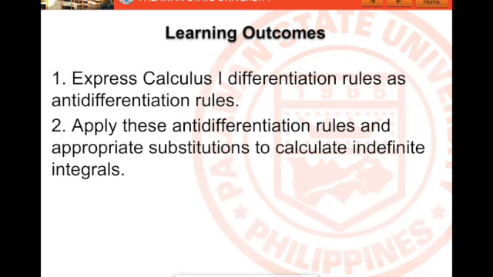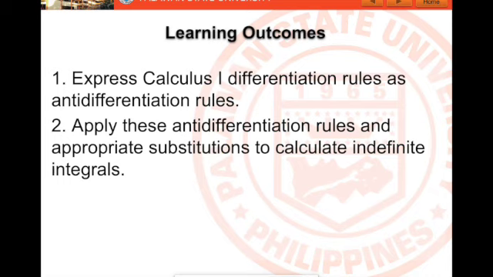And also, number 2, apply these integration rules and appropriate substitutions to calculate indefinite integrals. Right now, we will be dealing with indefinite integrals. Later in the course, in the next lectures, we will also be dealing with definite integrals, that is from a lower bound to an upper bound.